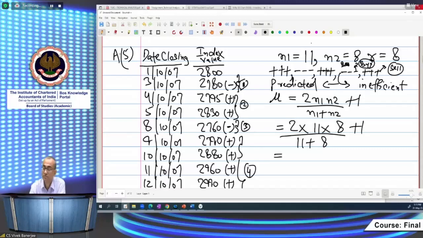Let us calculate it. So it is coming to 10.26. So 10.26 is the average.